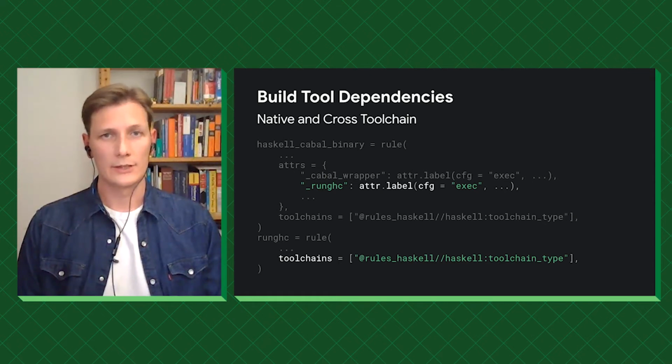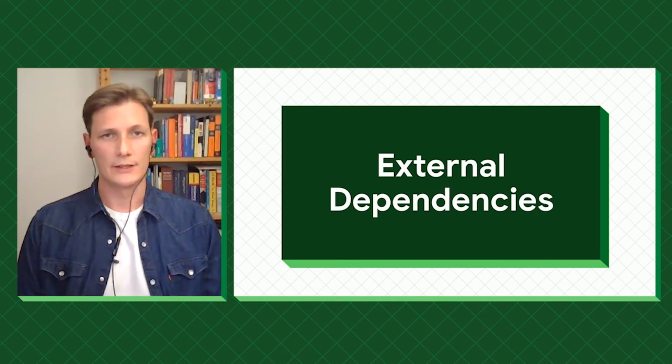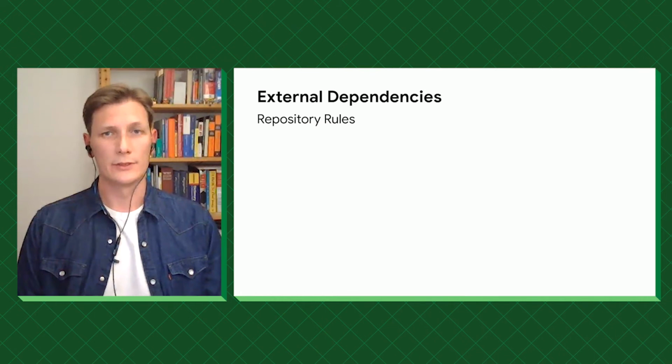Another important subject in Bazel in general, but with cross-compilation in particular, are external dependencies. For example, packages from the Haskell Community Package Index but also things like system libraries. In Bazel, we use repository rules to define external dependencies.